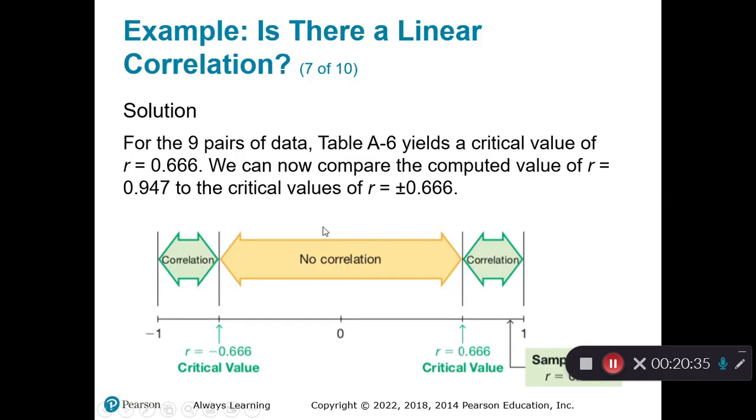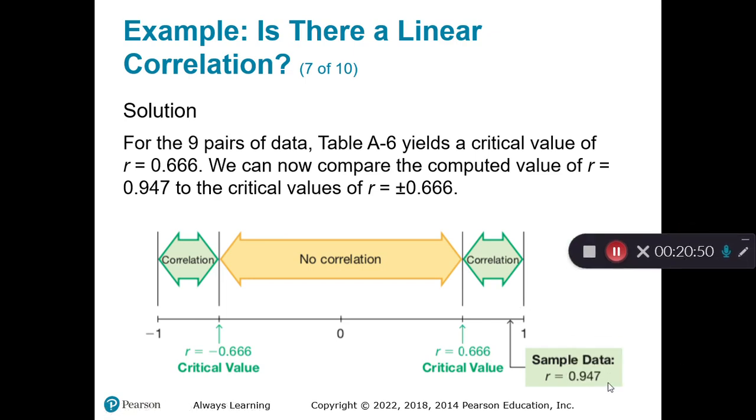So you might remember that we had a value equal to 0.947. Well, here's our critical value, 0.666. 0.947 is clearly above that value, right? So it falls into the significant region. That means that we do have evidence that there is linear correlation.